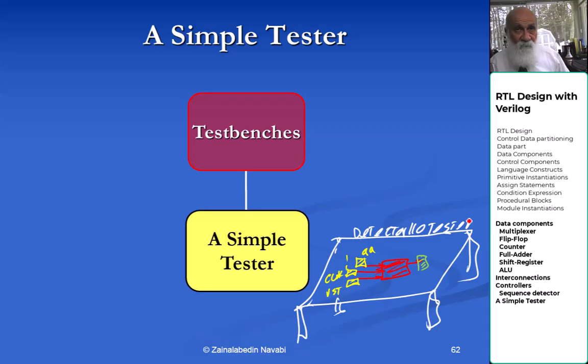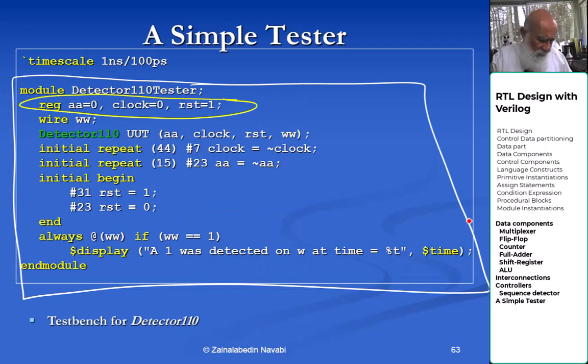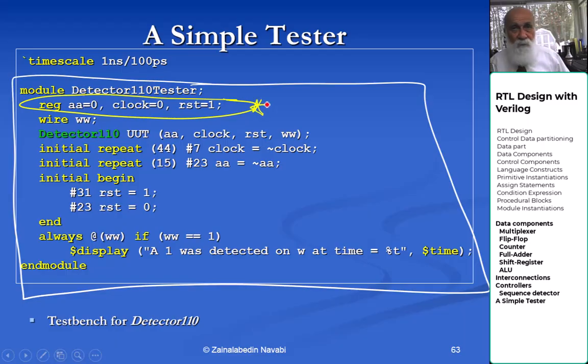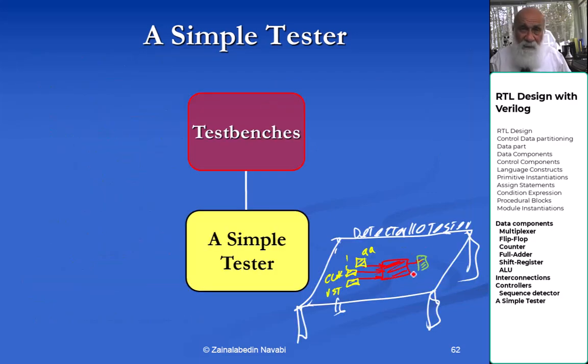Okay, then I have this yellow part which declares my inputs. And then somehow I have to observe the output. The output is observed by, let's say, an oscilloscope. Here, a waveform will be showing my output.